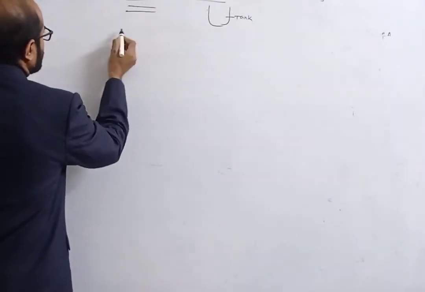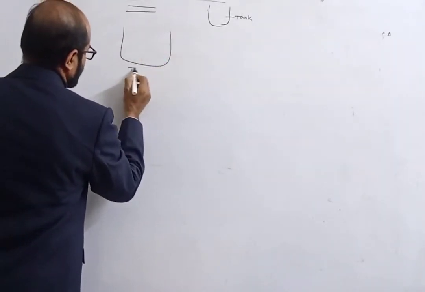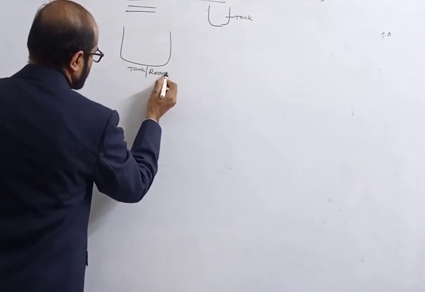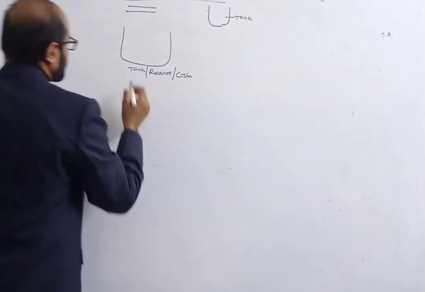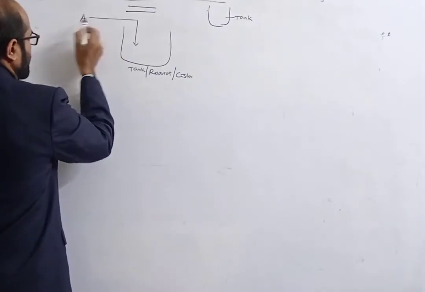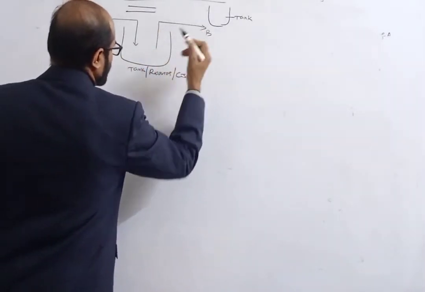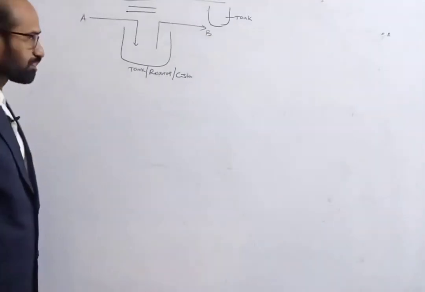Now let us suppose this is a tank or reservoir or cistern, and let this be a pipe A, and this be a pipe B.